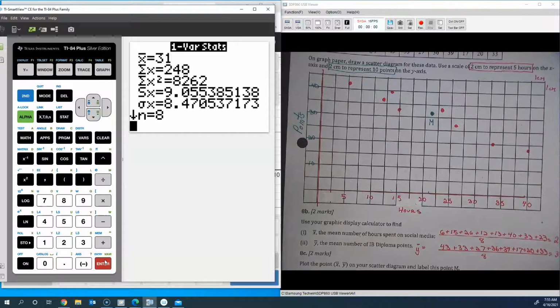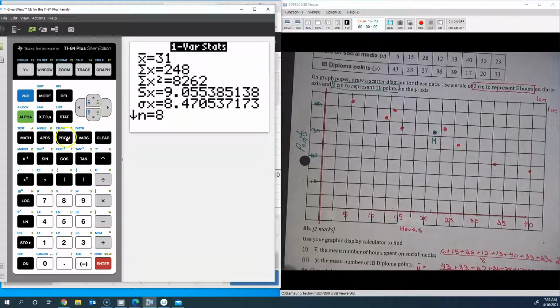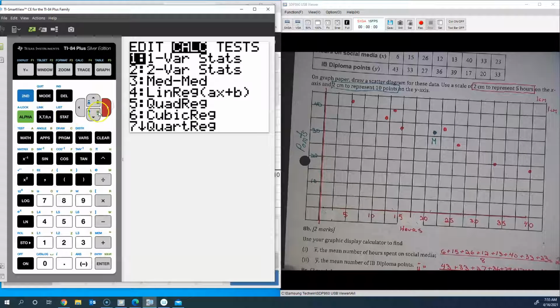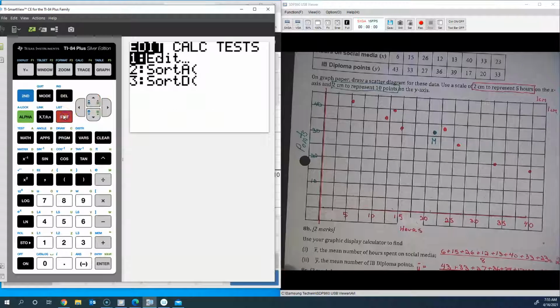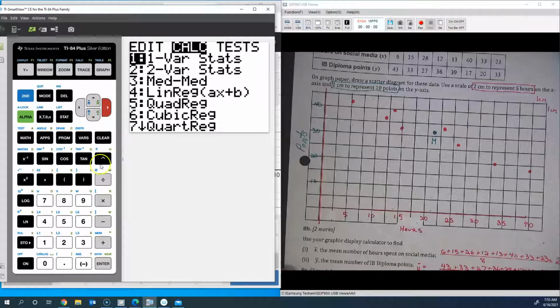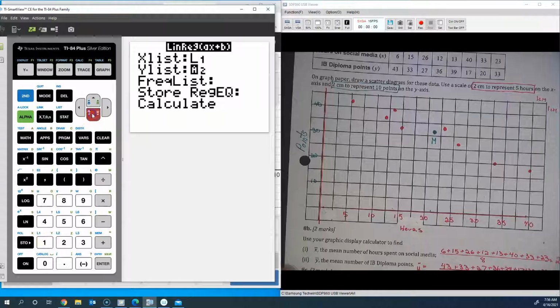Write down the Pearson product correlation coefficient. So we go stat, calc, linear regression. I want the X list to be L1, Y list to be L2.